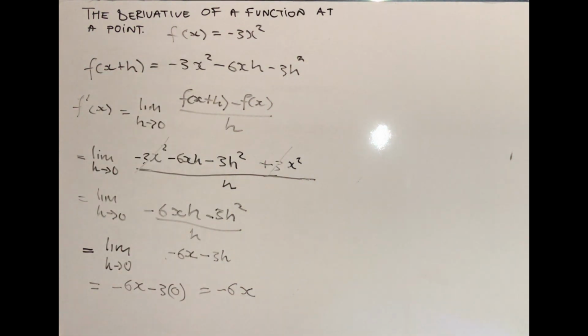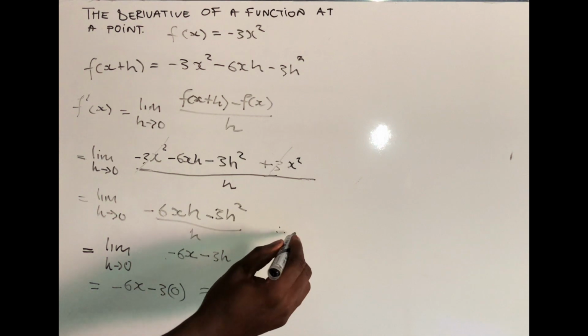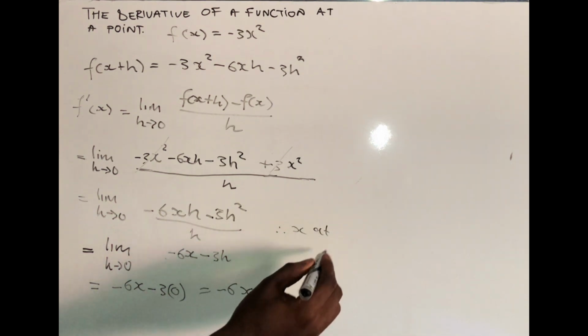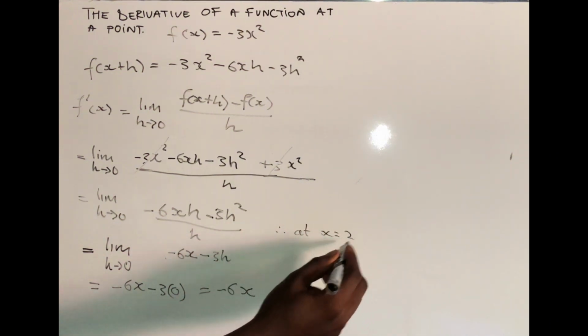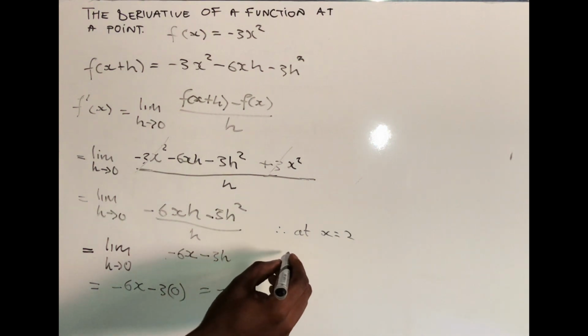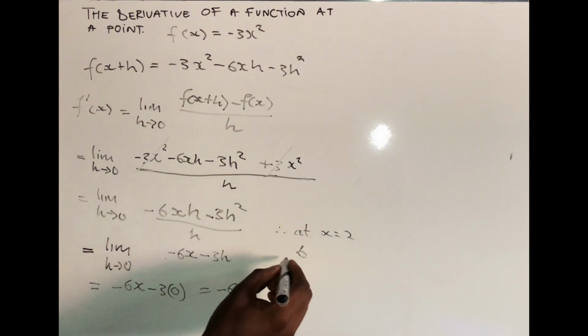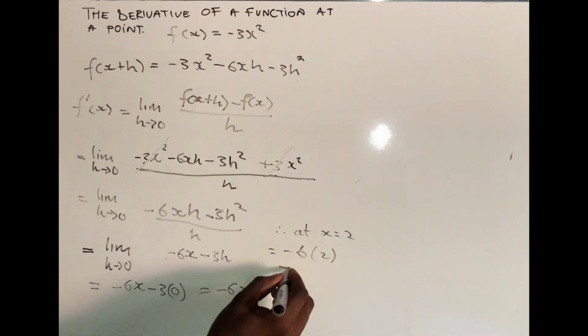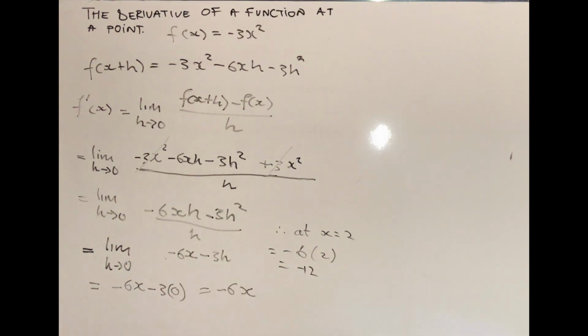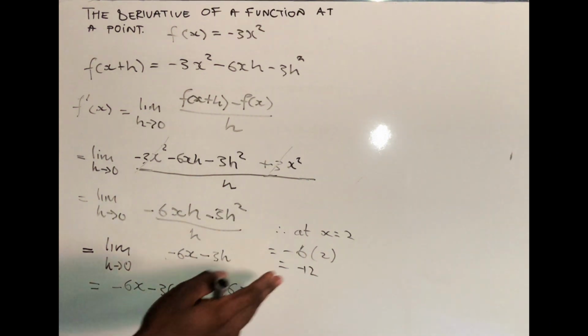If they ask you to find the derivative of this function at a point x equals 2, then you will find the derivative, and you'll say at x equals 2, you substitute 2. So negative 6 times 2, and you'll get your answer to be negative 12.